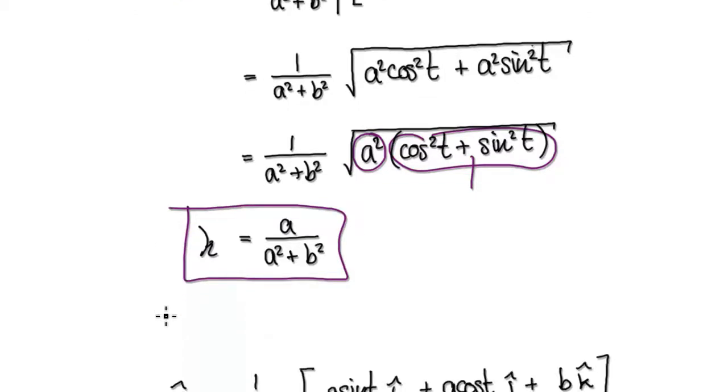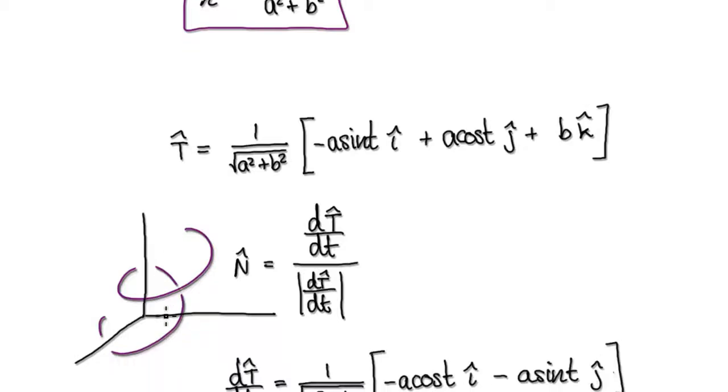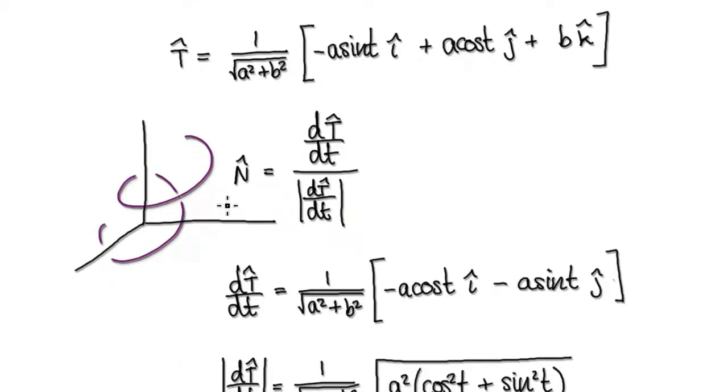Okay, so now we need to work out the unit normal vector. Remember, from your position vector, if you differentiate it, it will give you your velocity vector divided by its magnitude. Let's just imagine the magnitude is 3. When you divide it by 3, it will give you your unit tangent.